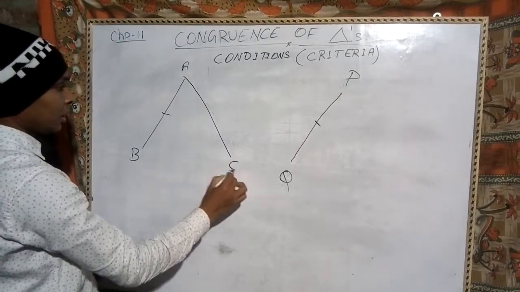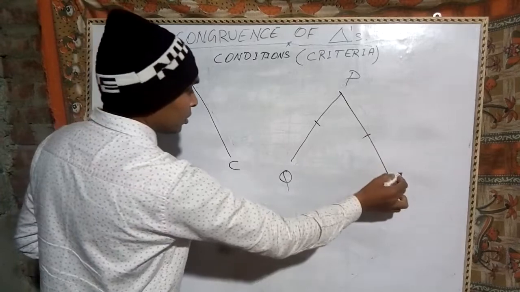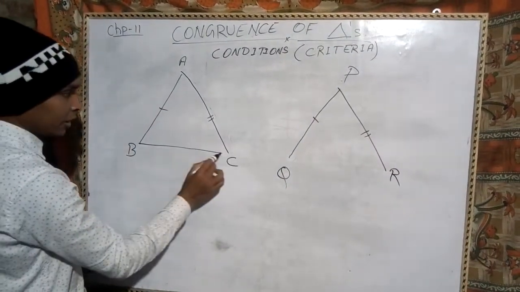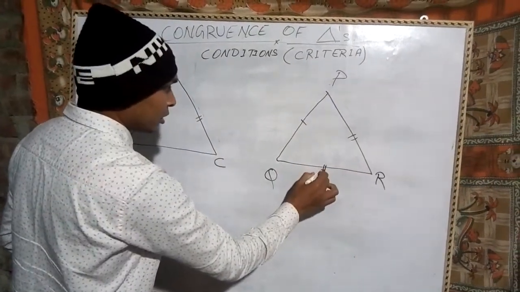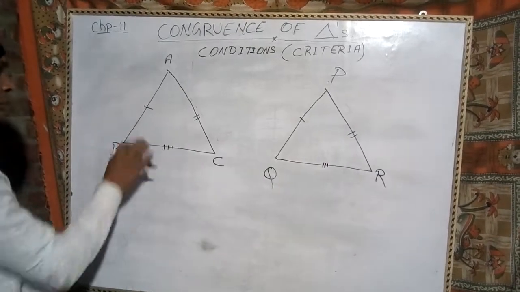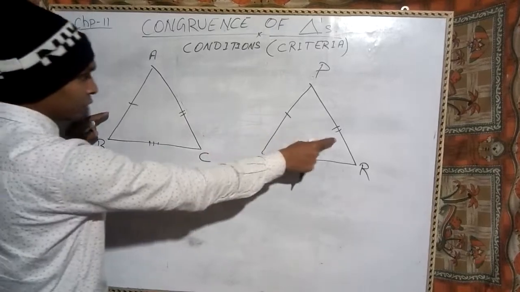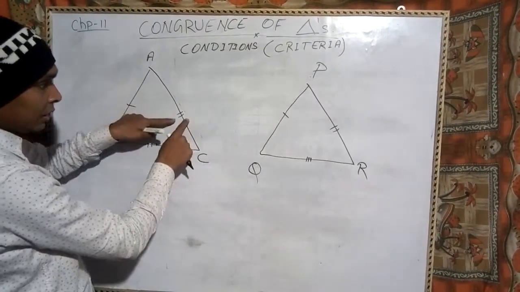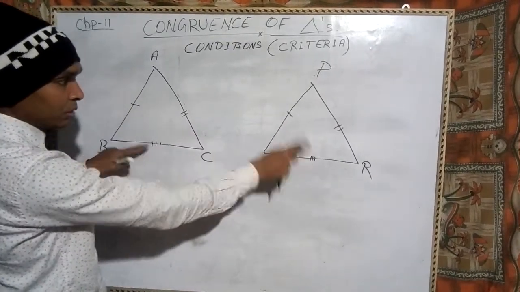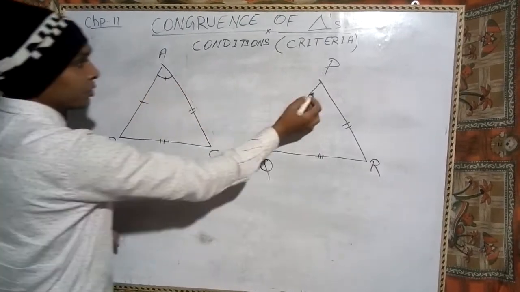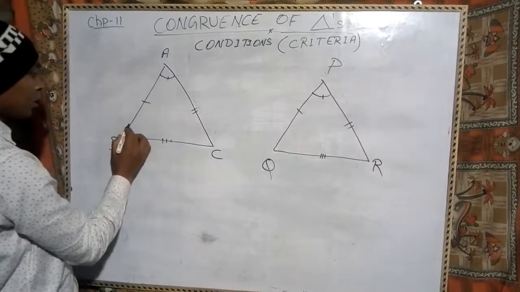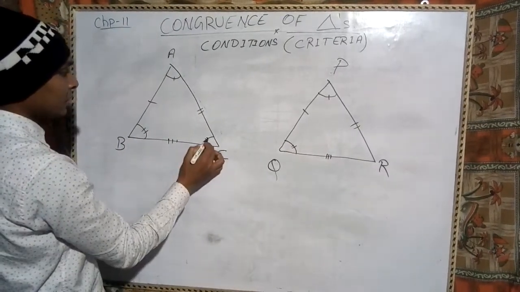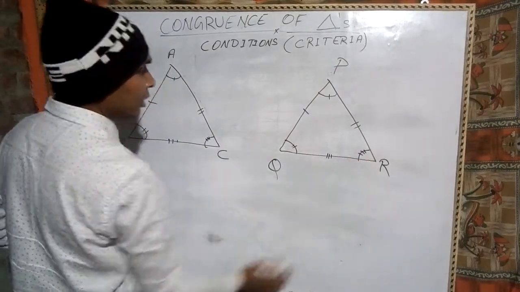Another side AC is equal to PR, and the third side BC is equal to the third side QR. So each side corresponds to the matching side of the other triangle. Similarly, angle A is equal to angle P, angle B is equal to angle Q, and angle C is equal to the corresponding angle R.